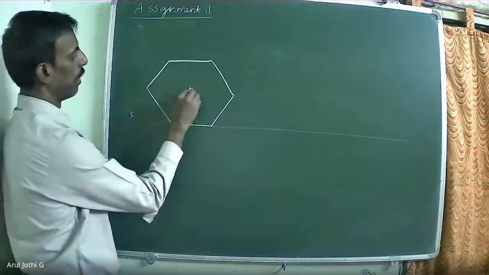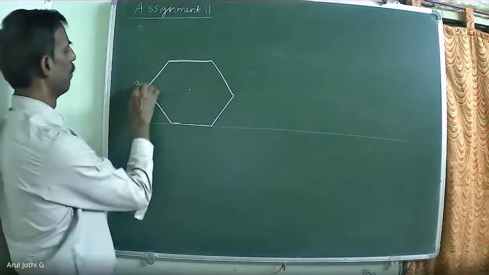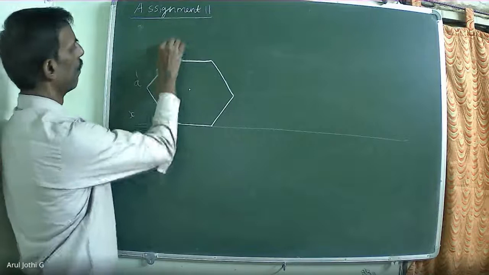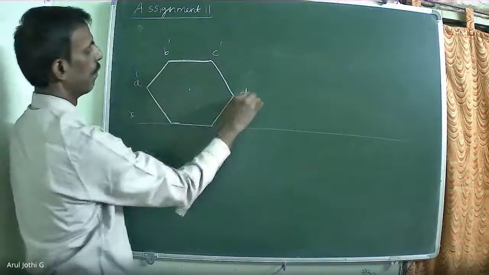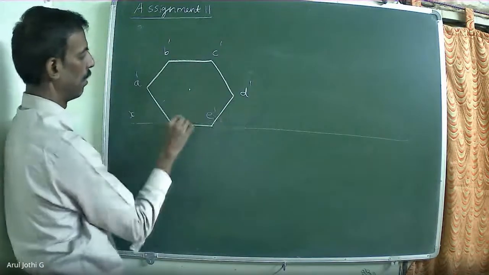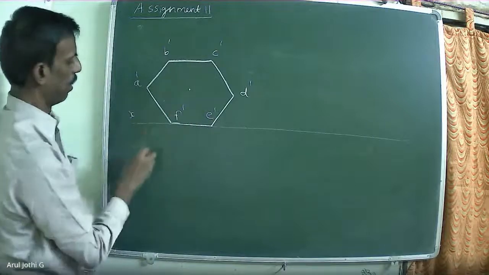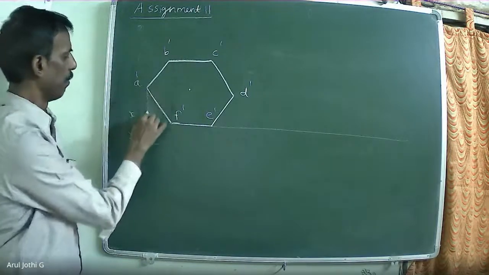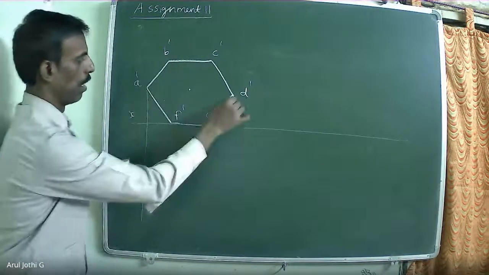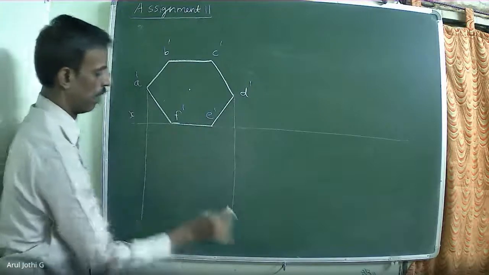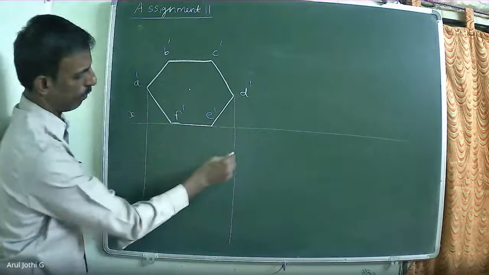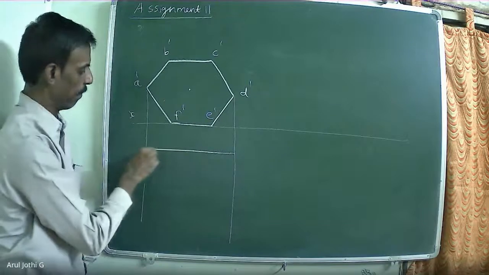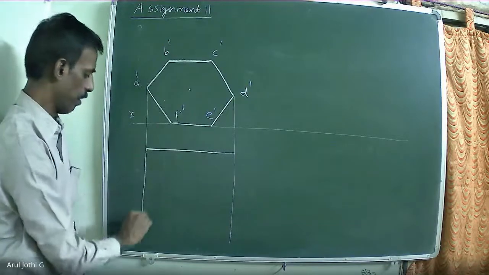Mark the axis point here. Now draw the top view. Keep some gap between front view and top view. You know the axis side.